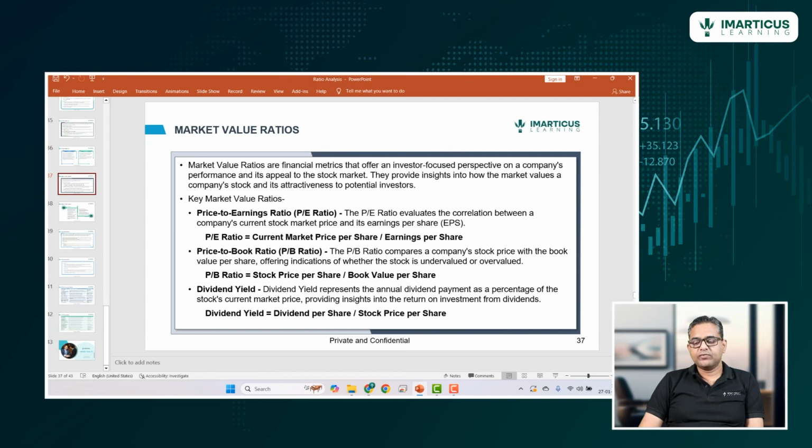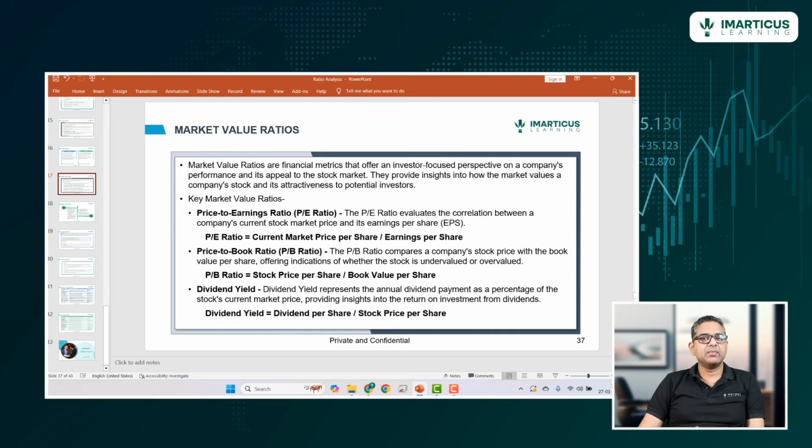per share, offering indications of whether the stock is undervalued or overvalued. So here we are comparing the current market price divided by book value per share. Okay, so what is book value per share? The shareholders' equity we have in the balance sheet of the company.